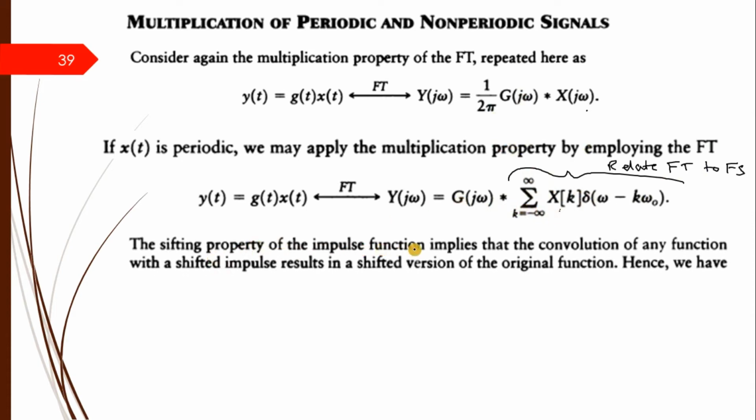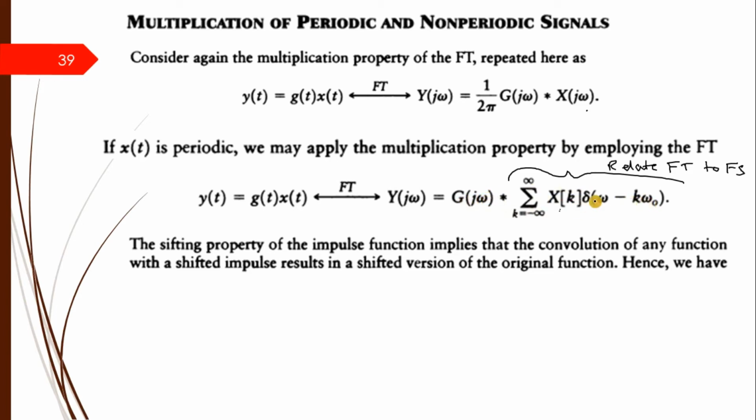Next, the shifting property of the impulse function implies that the convolution of any function with shifted impulses results in a shifted version of the original function. Whenever we get shifted impulses, we have the scope to truncate the term still more. So what we do is summation k equal to minus infinity to infinity, capital X of k, take it aside, g of j omega delta of omega minus k omega naught.